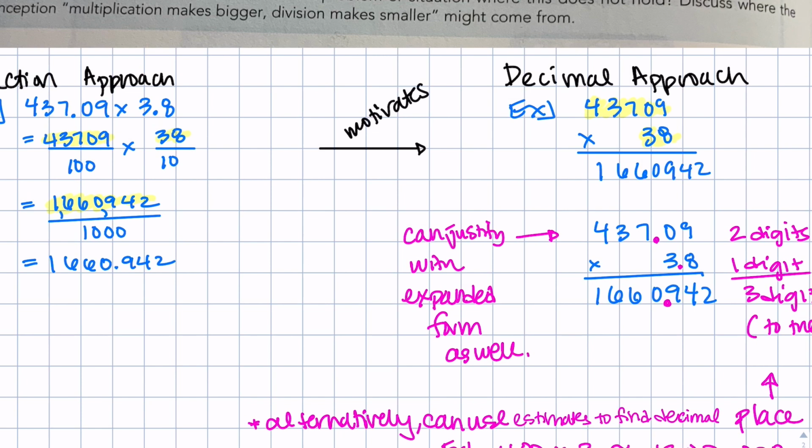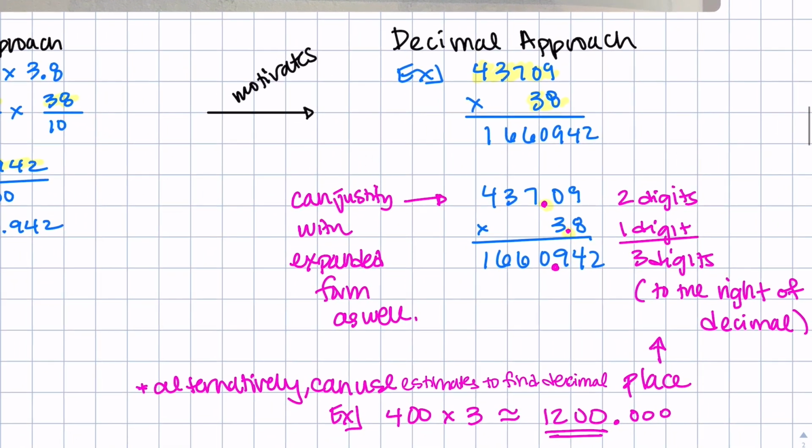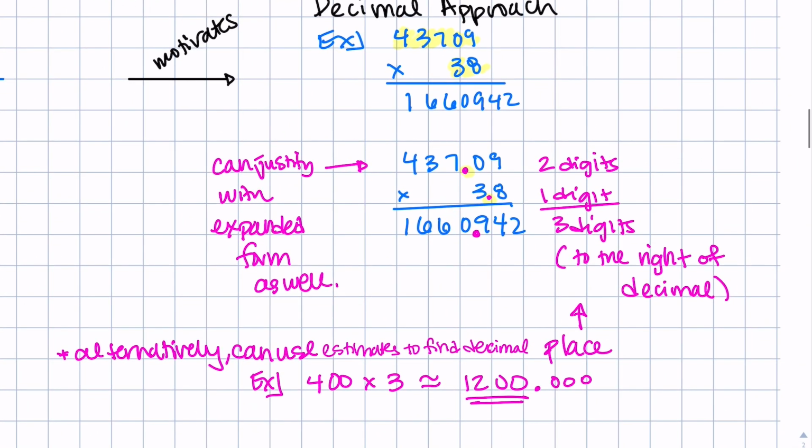I again get this 1,660,942. Then to correspond with multiplying my denominators, that's where I want to implement my decimal points. So here in the algorithm, I imagine I multiply like normal, as if there are no decimals.